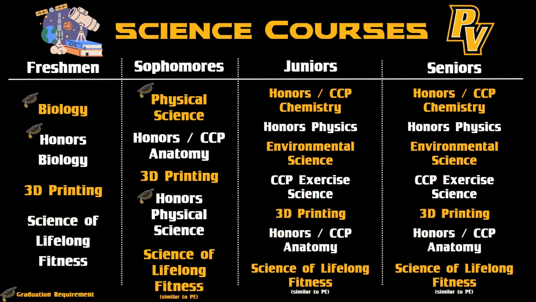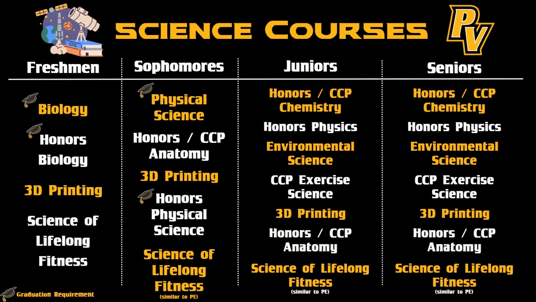Science courses. As you know, we have a lot of science options here at Paint Valley. So the required ones are biology and physical science. And then from there, you have to pick one more of our other options as your 3rd advanced science course. If you're interested in an honors diploma, you have to have 2 advanced science courses, okay?